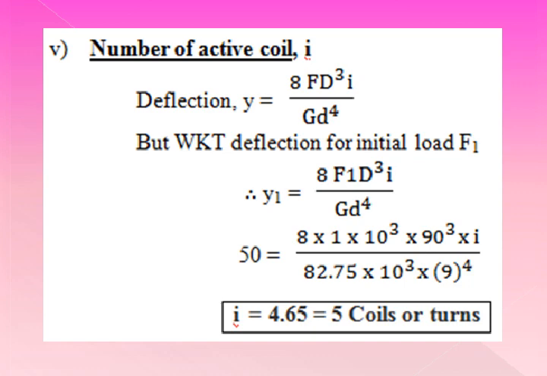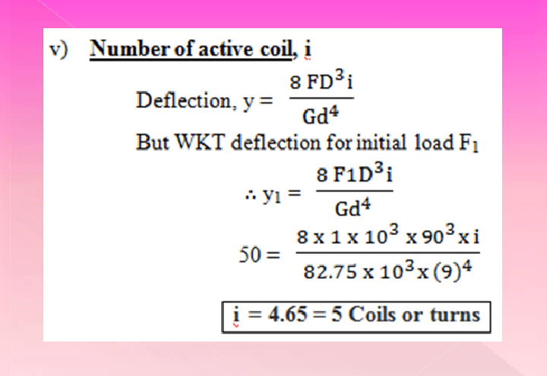We'll substitute the initial load F1, because we know deflection Y1, while deflection Y2 we don't know. If you substitute deflection Y2 instead of Y1, then you have to substitute F2. So now here I substituted Y1 and F1.